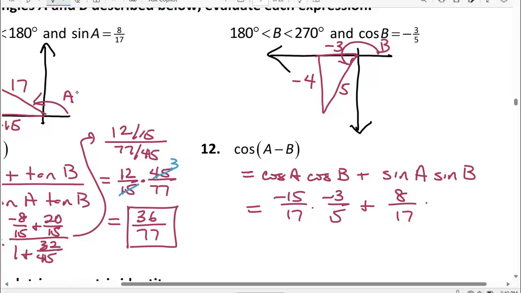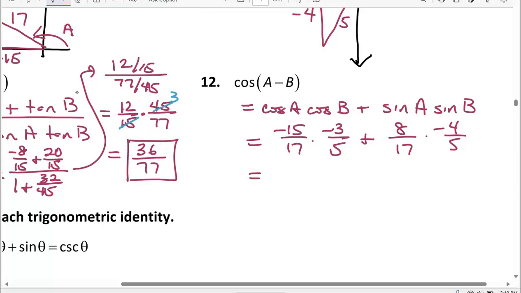And sine of angle B is opposite over hypotenuse, -4/5. Now we need to perform our multiplications here first. 15 times 3 is 45. 5 times 17 is 85. And then our next fraction, 8 times -4 is -32, and same denominator. So now we just need to subtract or add those fractions, depending upon how you're thinking of that. And that will give us 13/85.